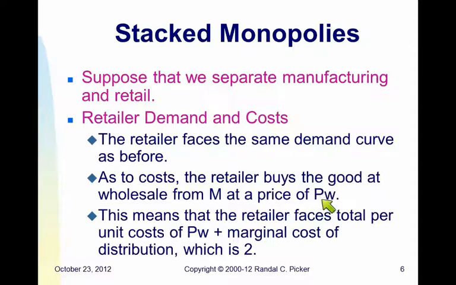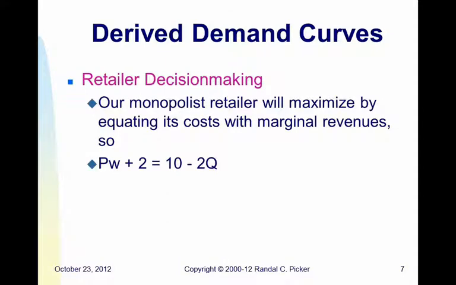We'll call that a wholesale price. That's how we typically talk about that. We'll call that P sub W. That means the costs that the retailer faces to get the goods in his or her hands is the wholesale price plus the marginal cost. And that's the pricing structure faced by the retailer.